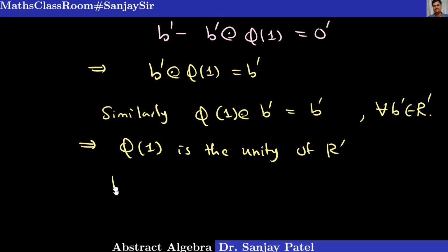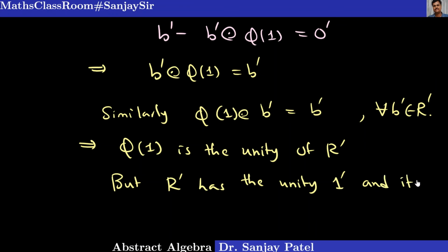But R' has the unity 1', and it is unique. We know if unity exists in a ring, then it is always unique. So the only possibility for this phi of 1 is that it must be equal to 1'.